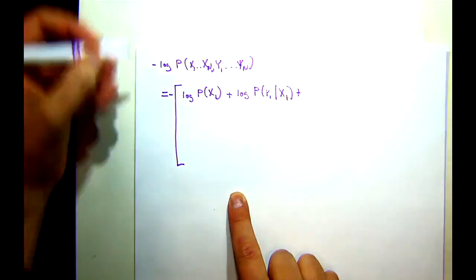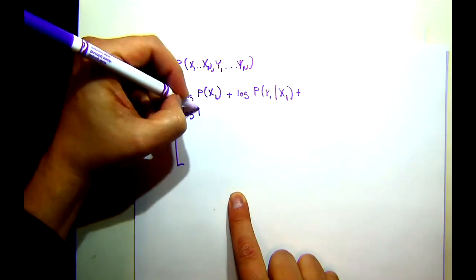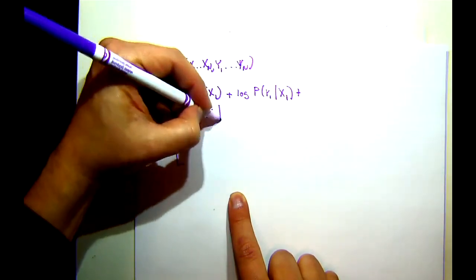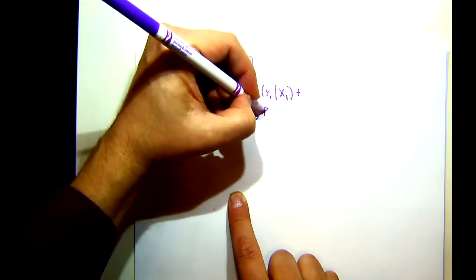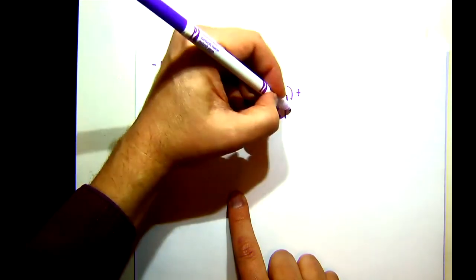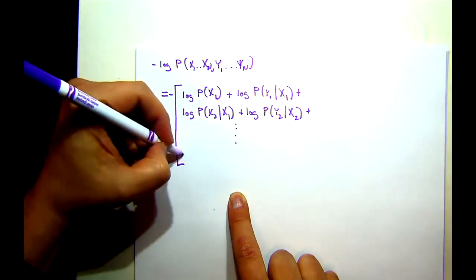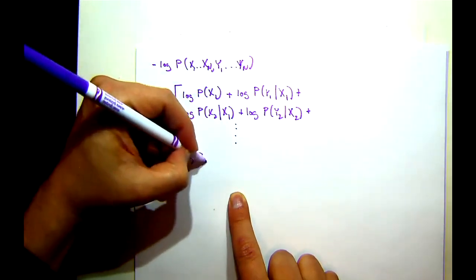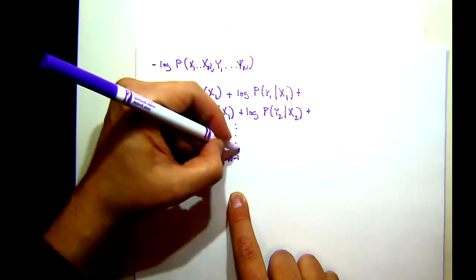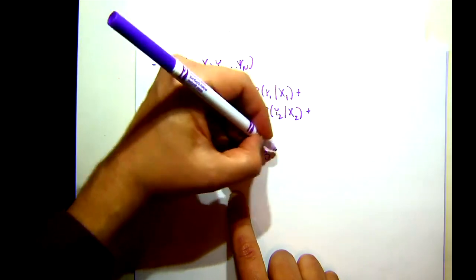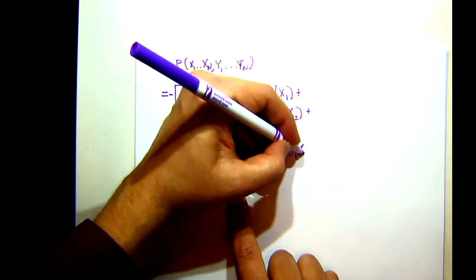And then this just repeats. It's the log of the probability of x2 given x1 plus the log of the probability of y2 given x2. And that goes up to the log of the probability of xn given xn minus 1, plus the log of the probability of yn given xn.